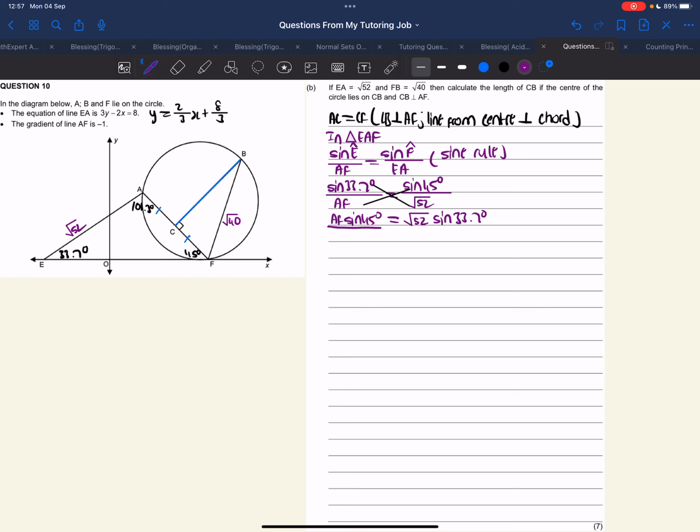Then I'm going to divide both sides by sine 45. So that means AF is square root 52 multiplied by sine of 33.7 over sine of 45 degrees, which is 5.658 units.